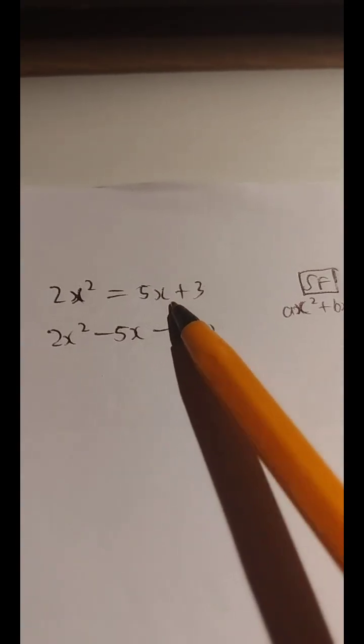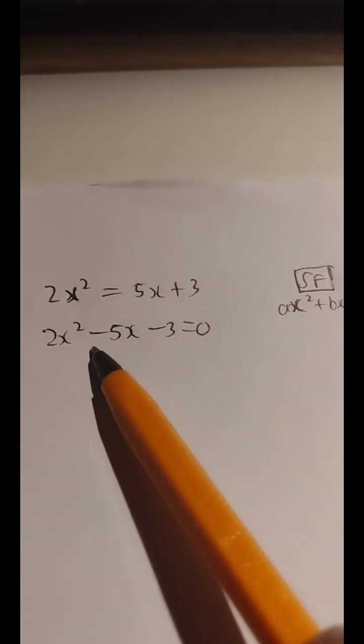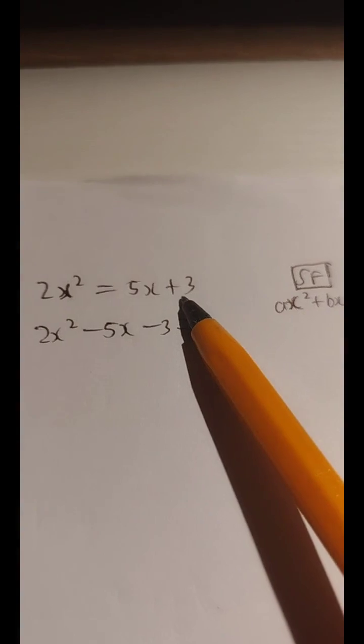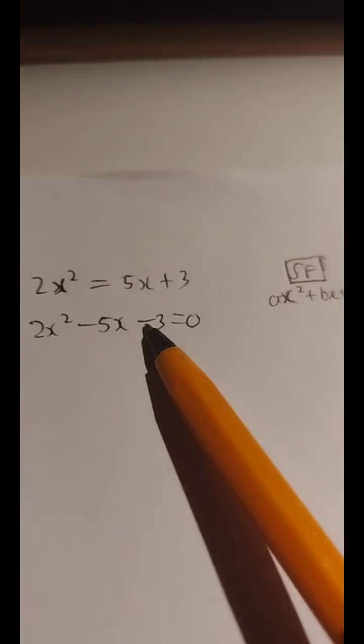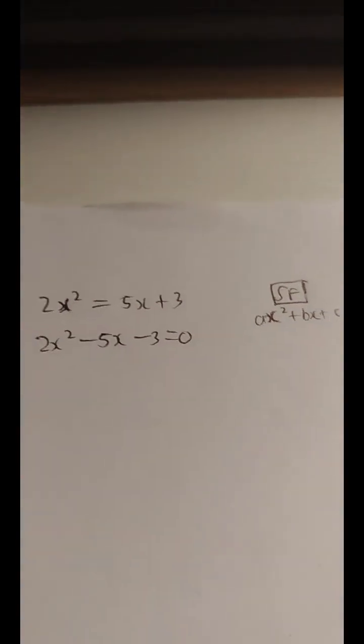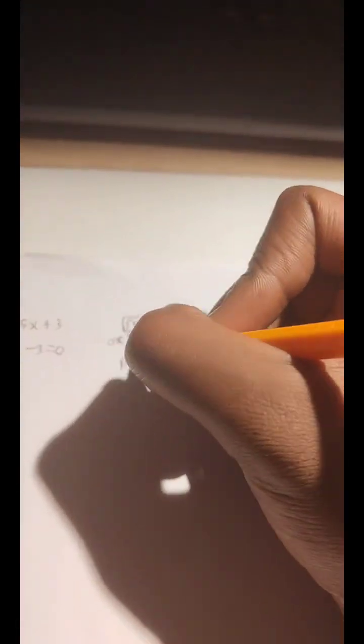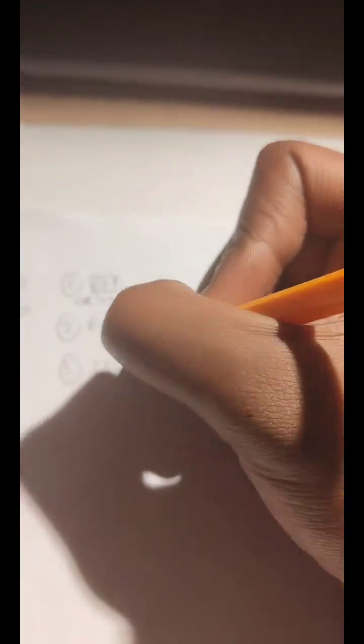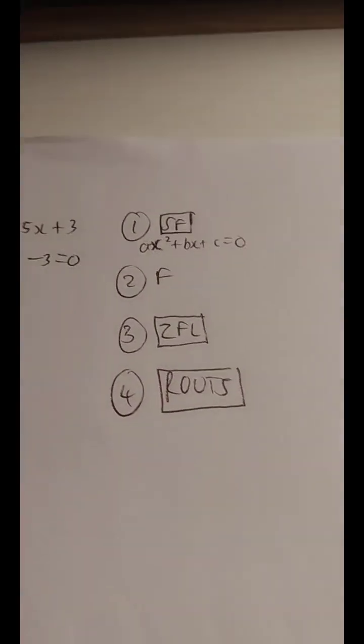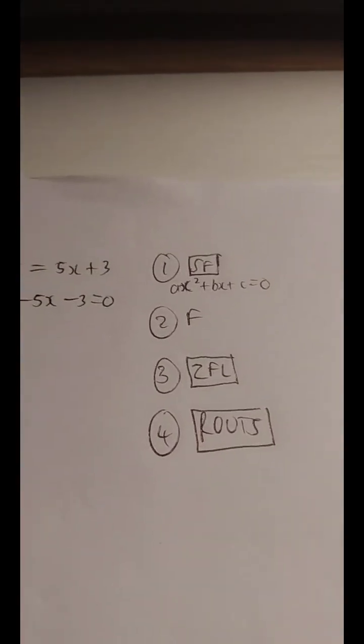When we transpose positive 5x from the right to the left, it becomes negative 5x, and positive 3 becomes negative 3. Then from there, what do we do? Factorize. So step 1, standard form. Step 2, factorize. Step 3, zero factor law. Step 4, our roots, meaning our solutions for that particular equation.